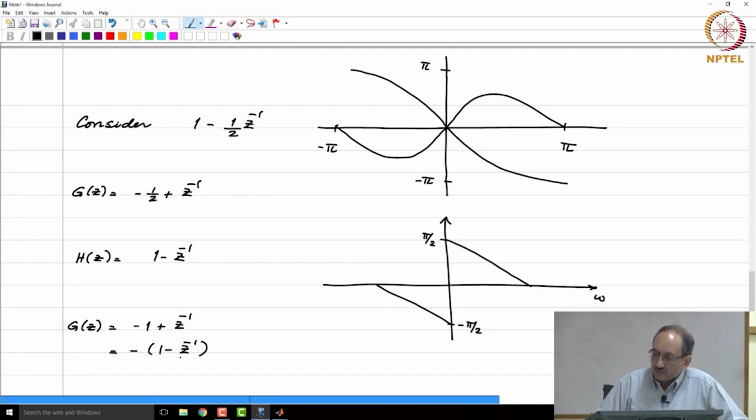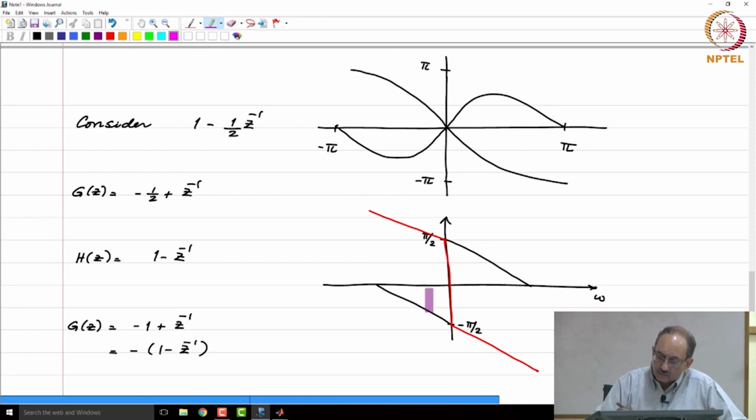The reason for writing this in this form is, you see there is a multiplication by minus 1, and therefore the phase change will be pi, all right. And if you plot the phase response of this, it will turn out to be this. And what is basically happening is, this changes phase by an amount of pi.